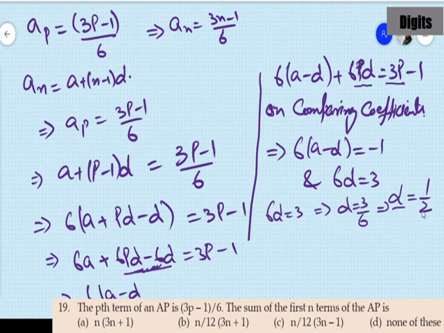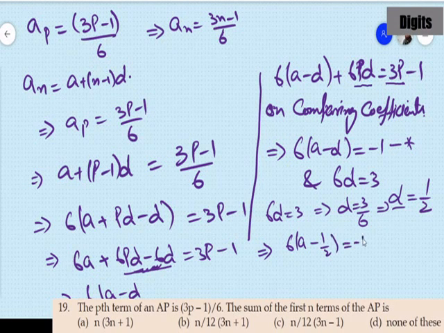When we have d equal to 1 by 2, using this in the term star, it implies 6 times a minus 1 by 2 equal to minus 1.